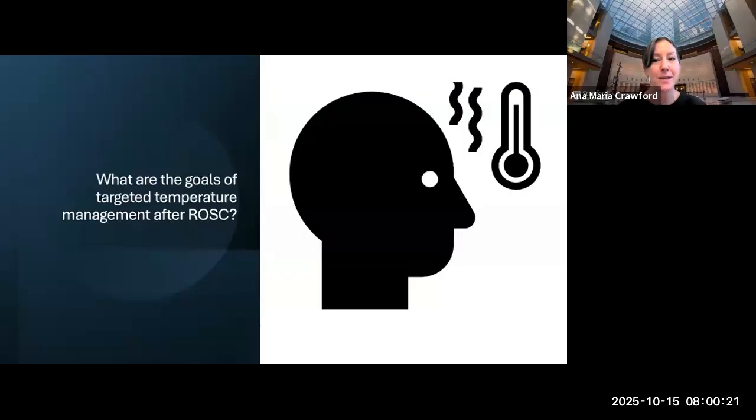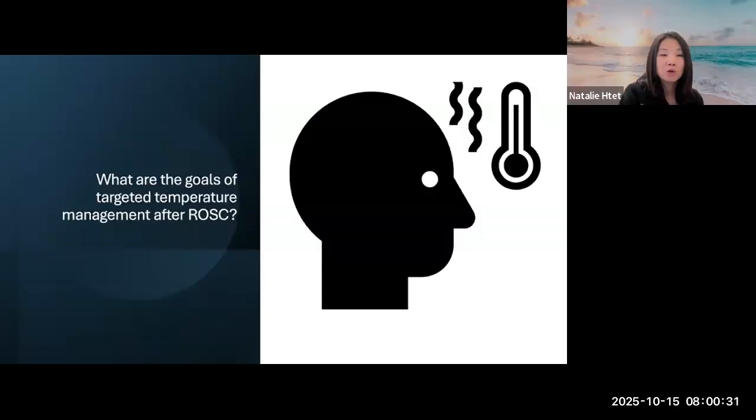Dr. Tet, can you say maybe in one sentence the goal of targeted temperature management after return of spontaneous circulation? Okay, maybe like 3 or 4 sentences. Yeah, so the goal in current practice is to avoid fever. You don't need to actively cool patients anymore.